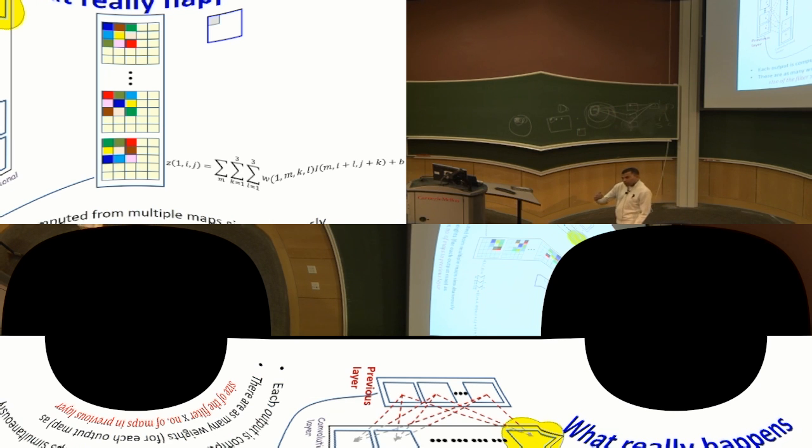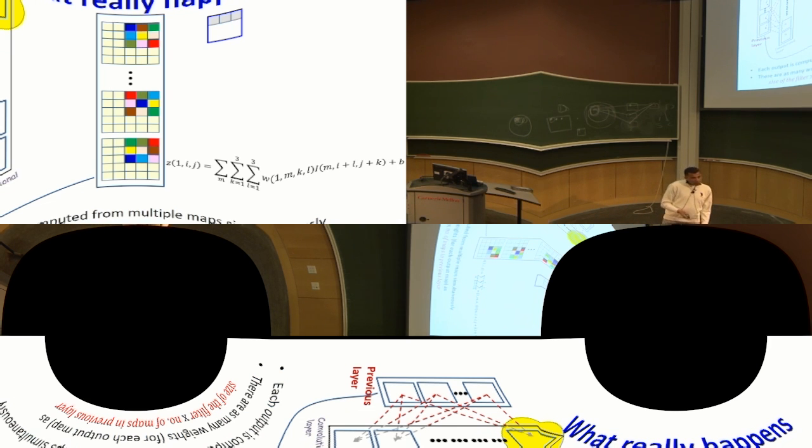So here if I have m planes in the previous layer, and I'm looking at a 3 cross 3 filter, that is 9 values for each of these m planes, so the total number of values is going to be m times 9, right? And so I'm doing a component-wise multiply in each of these 9 locations, each of these 9 locations, each of these 9 locations, adding them all up to get this one value. And then I'm going to slide one forward and do the same, and I get the next value.